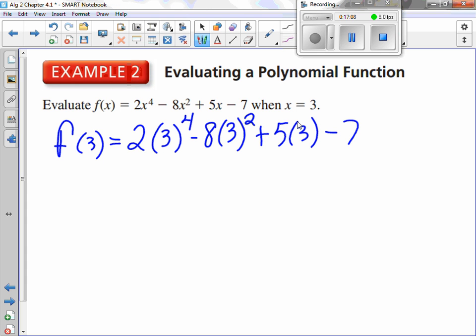Now what can we do? You can plug all this into the calculator, can't you? Yep.